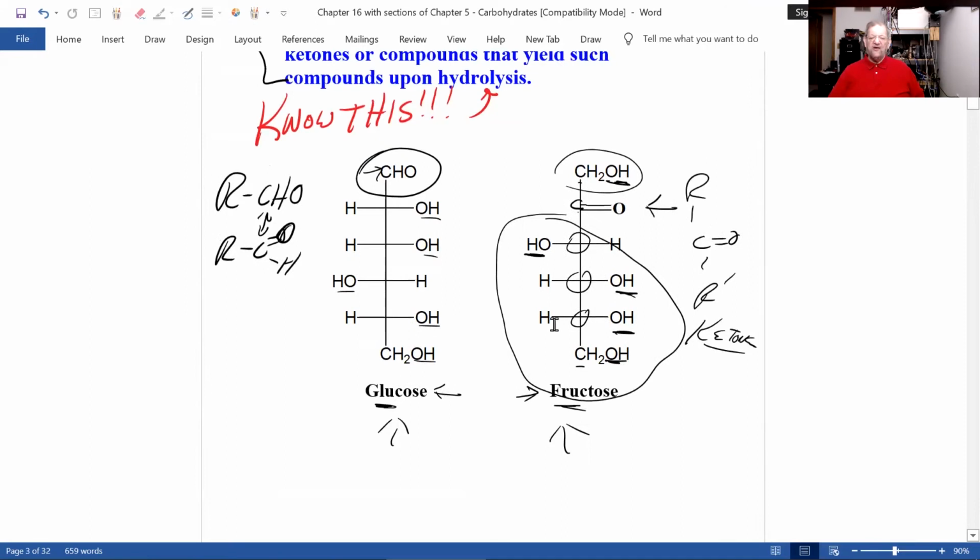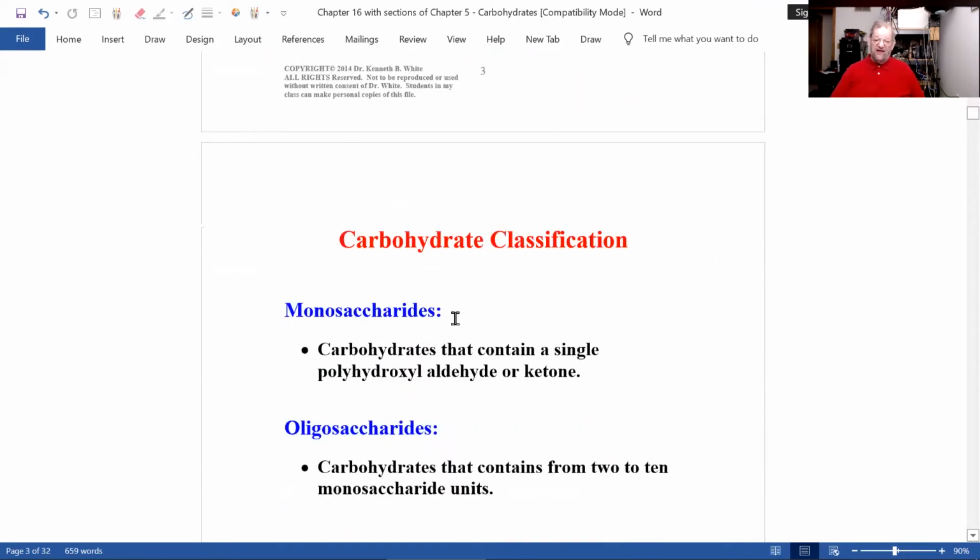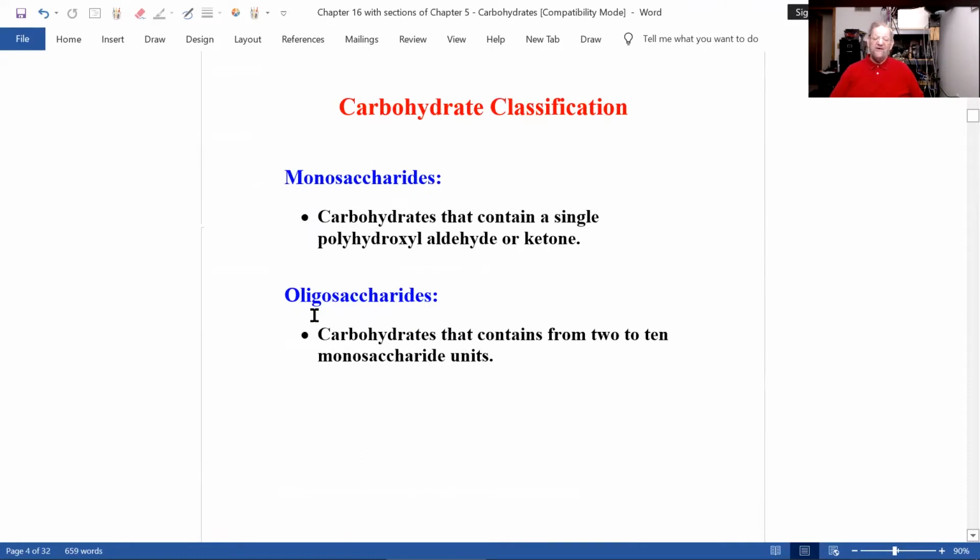And glucose and fructose are both monosaccharides, switches off for that. They have, and I don't know if I pronounced it right, I'm not a sugar chemist, oligosaccharides, and those are carbohydrates that contain from 2 to 10 monosaccharide units bonded together.